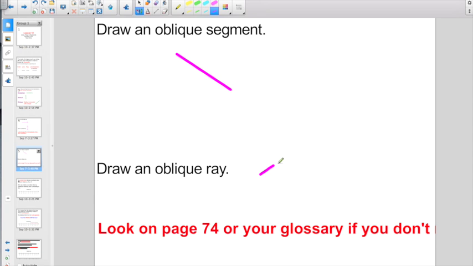Again, oblique just means it's not vertical, it's not horizontal, but the second half, ray, means that you have to have an arrow on one side, indicating that it goes on for infinity. Again, you can use your book, both in the math lessons and on your Socrative quiz. You can either look it up in the lesson or in the glossary in the back of the book.